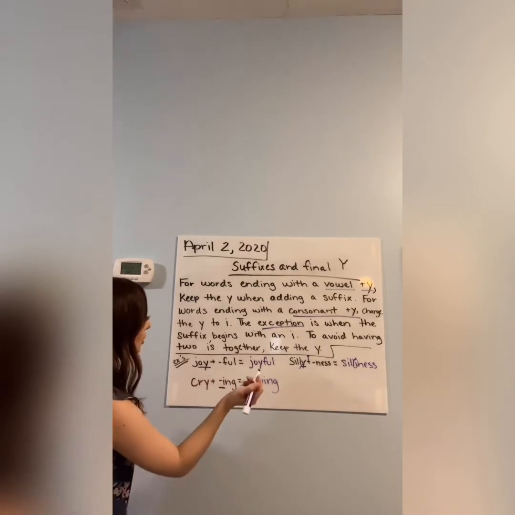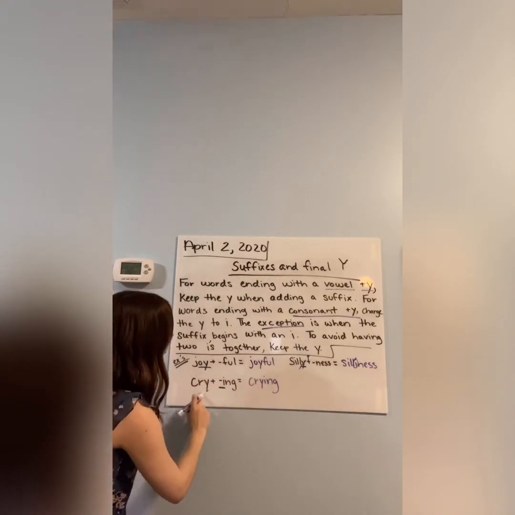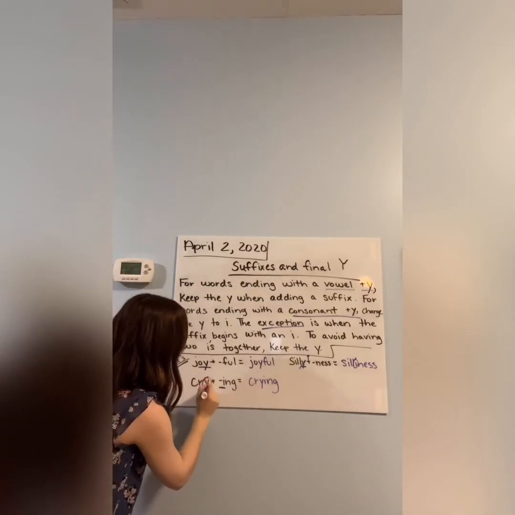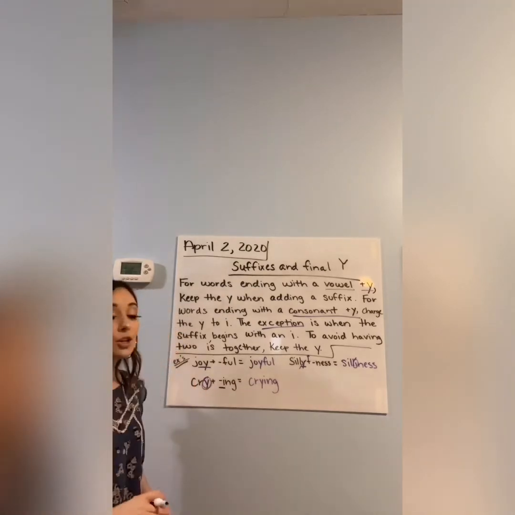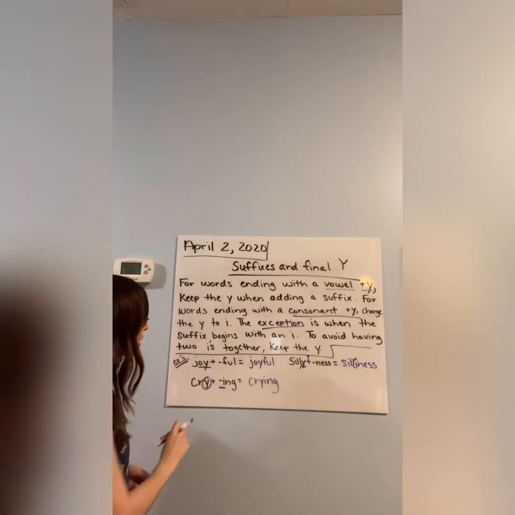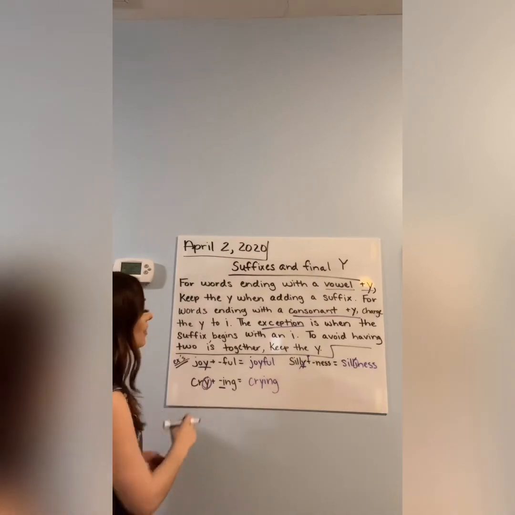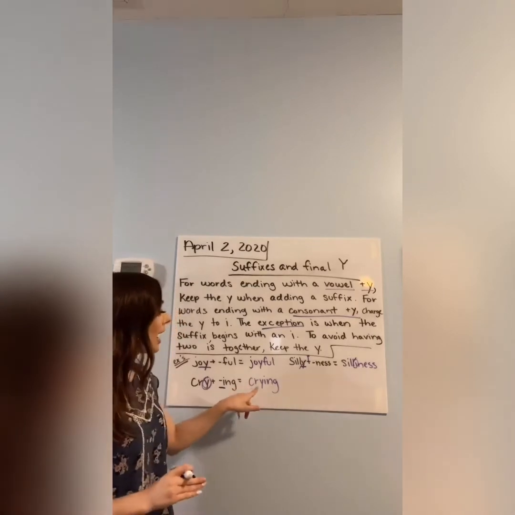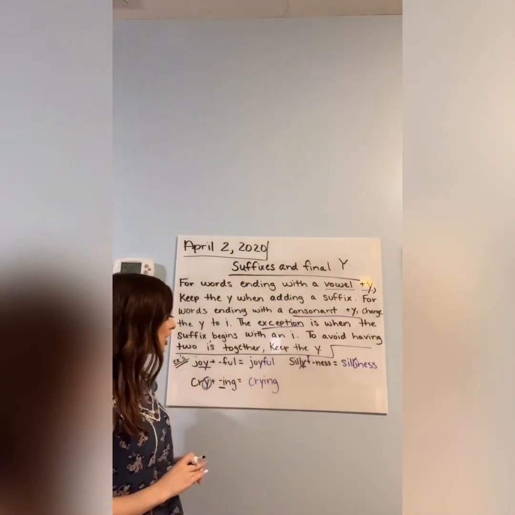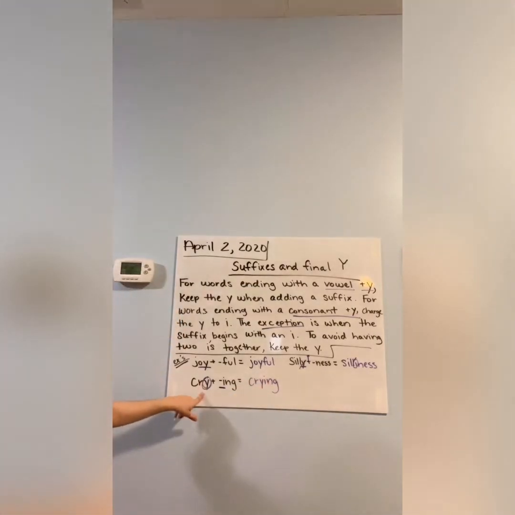So we would have to keep the Y. We're keeping the Y because our suffix begins with an I. So we keep the Y in crying and just add the suffix ing to the word. Your word would be crying, C-R-Y-I-N-G.